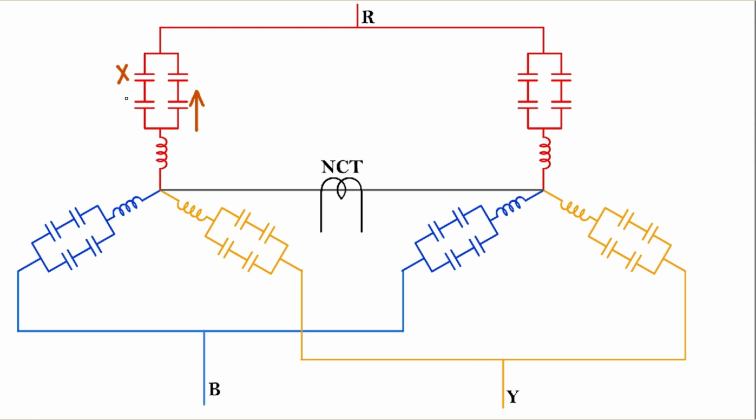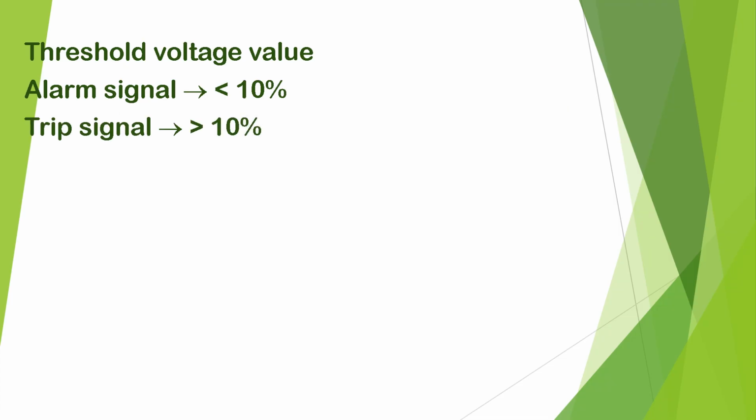But when many elements or units get fused and the overvoltage crosses the 10% limit, the relay will initiate a tripping signal. By tripping the circuit breaker, it will isolate the capacitor bank instantaneously from the system. This is the typical protection used for ungrounded double-star three-phase capacitor banks.